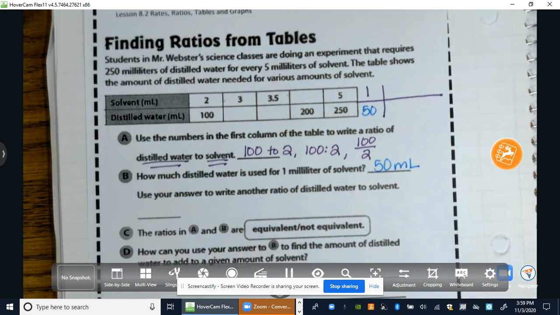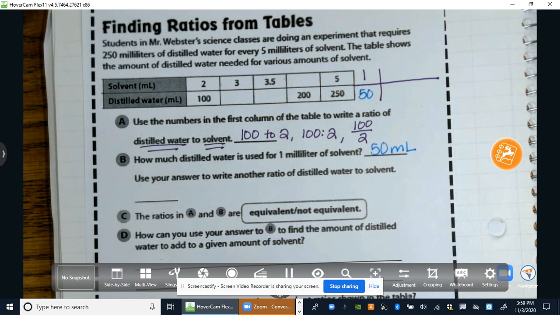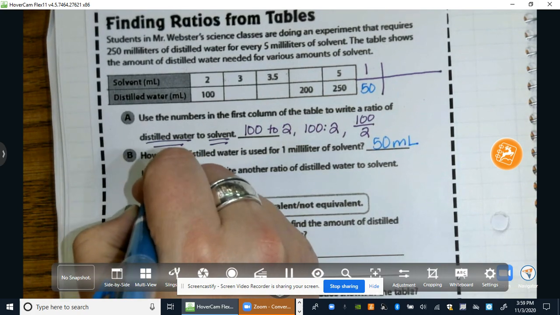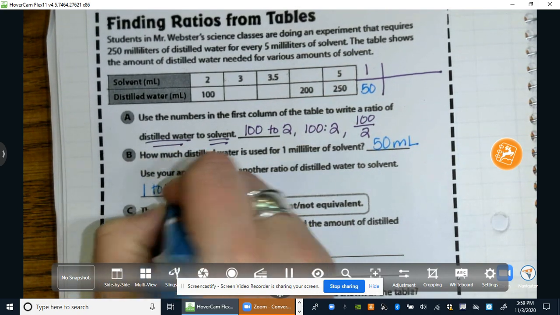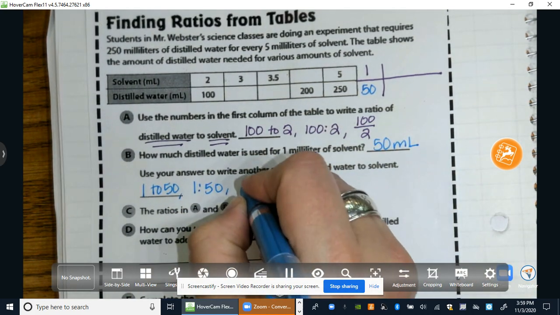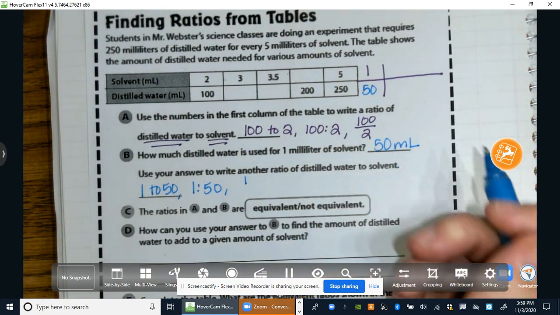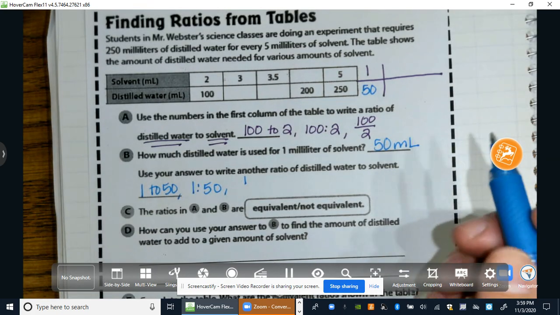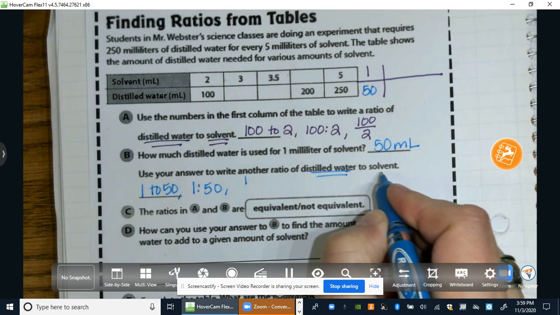Okay, use your answer to write another ratio of distilled water to solvent. So again, we could say 1 to 50, 1 colon 50 or 1. Oh, sorry. Let me go back over that because I did not do that properly.